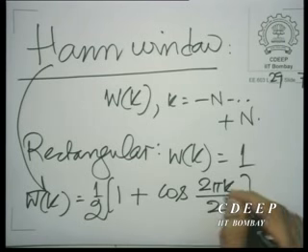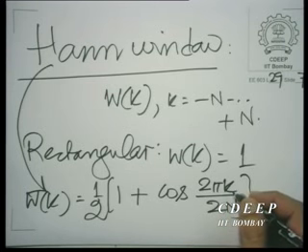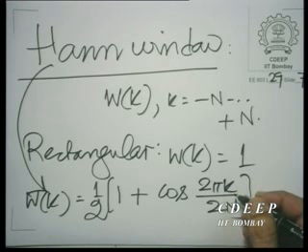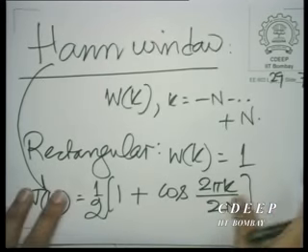If you look at it, when k goes over an entire interval from minus N to plus N, you are running over a whole cycle of the cosine, taking you from an argument of minus pi to an argument of plus pi. And you are putting that whole cycle of a cosine on a constant, and therefore it will always be non-negative, but it will follow a cosinusoidal pattern.